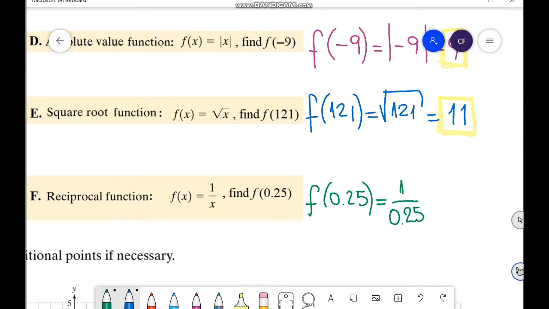You can use your calculator to find out, or you can remember that 0.25 is 1 over 4. And then you don't even need the calculator. If you don't remember, use the calculator. The answer here is 4.